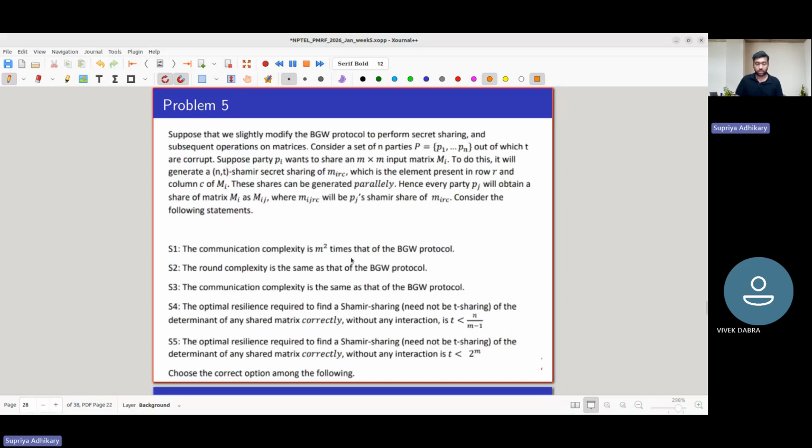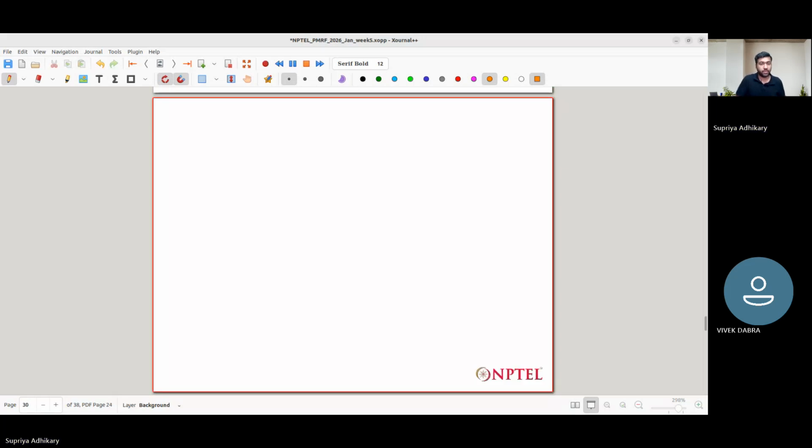Okay. So first of all, we have each party P1, P2, P3. They have a matrix. And the size of the matrix is m cross m. So there are total m square many elements in each of these matrices.